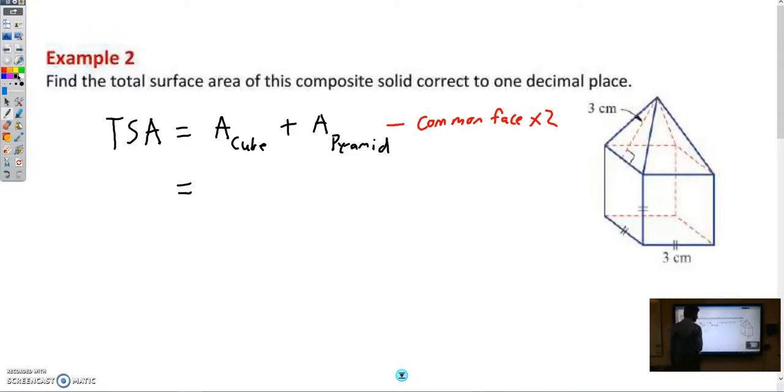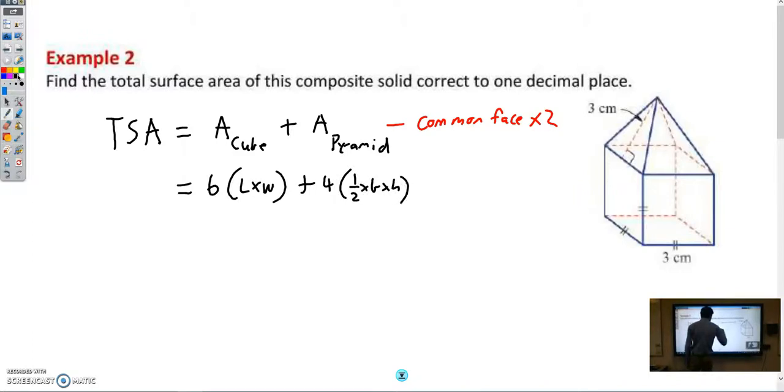Total surface area of a cube is easy. We have 6 identical squares. So it's 6 times length times width. The area of a pyramid, we know we're going to have 4 triangles. So plus 4 times half times base times height. We're going to have 1 square plus length times width.